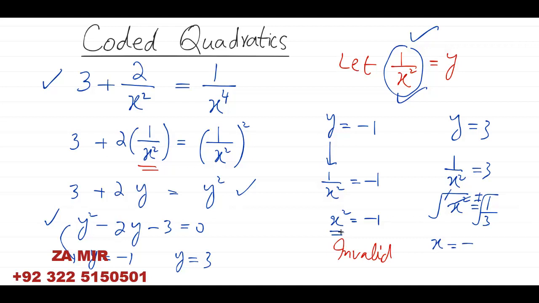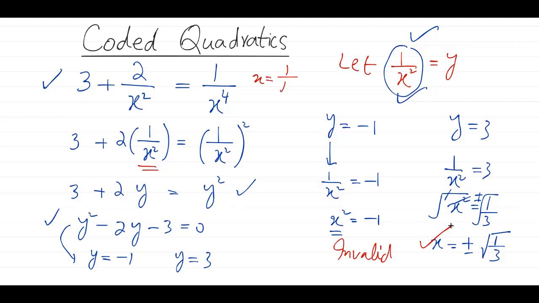So x is plus minus square root of 1 over 3. And these are the solutions of this equation: x is 1 over under root 3 or minus 1 over under root 3.